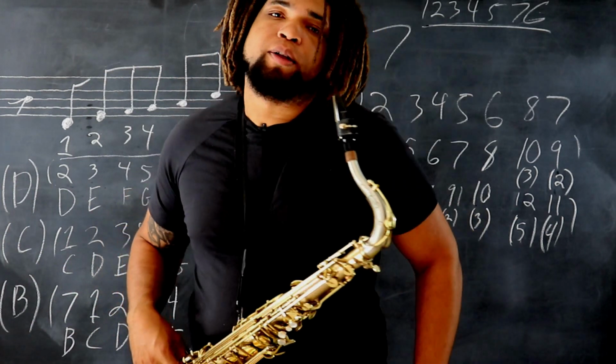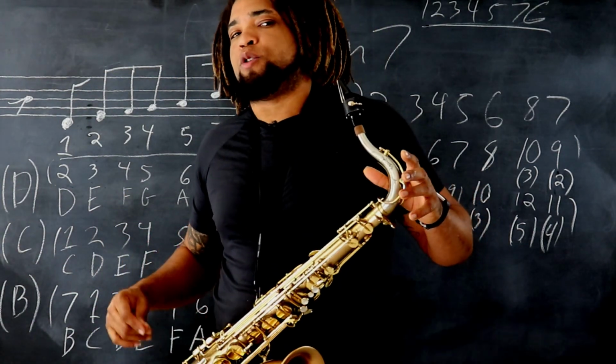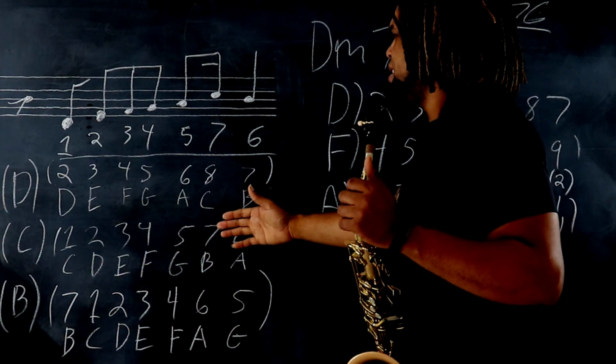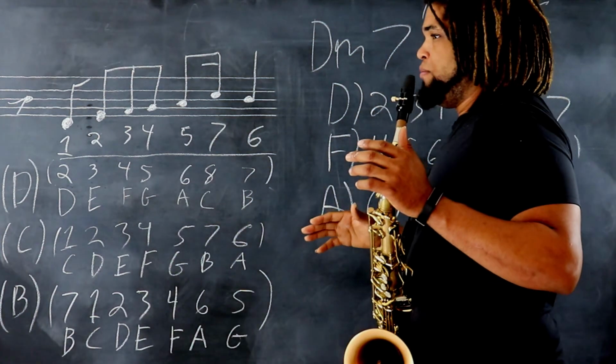So remember, you're going to hear that there's not too much of a difference here. That's also what I wanted to mention: you'll hear me play the descending pattern, and then you'll hear me play it over the D minor.